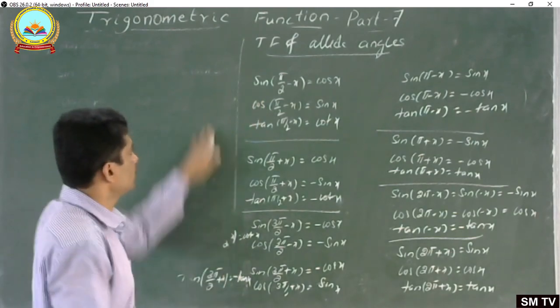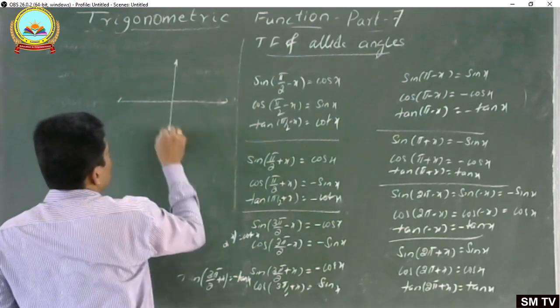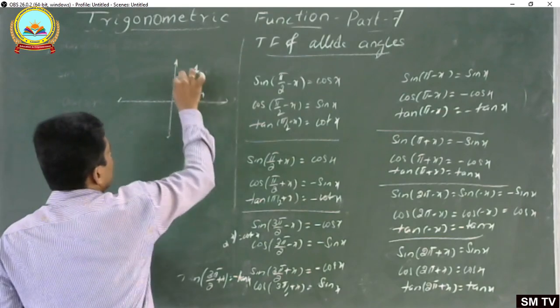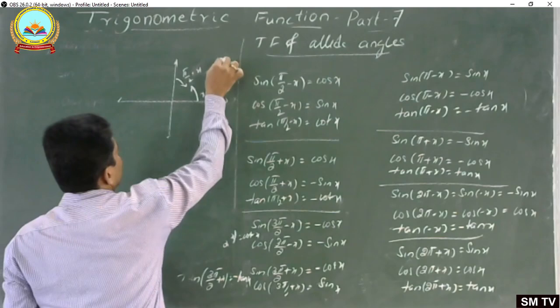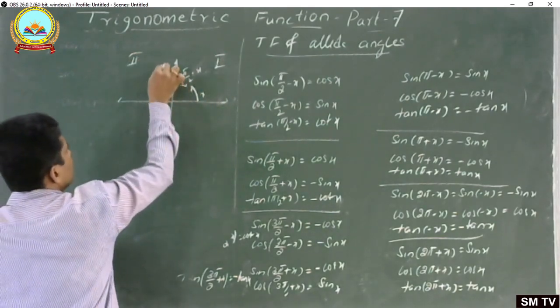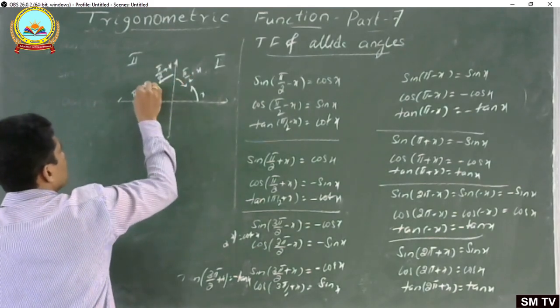Again, just remember the sign of different quadrants. The first quadrant means angles x and pi by 2 minus x. You know that first quadrant. The second quadrant means greater than pi by 2: pi by 2 plus x and pi minus x.